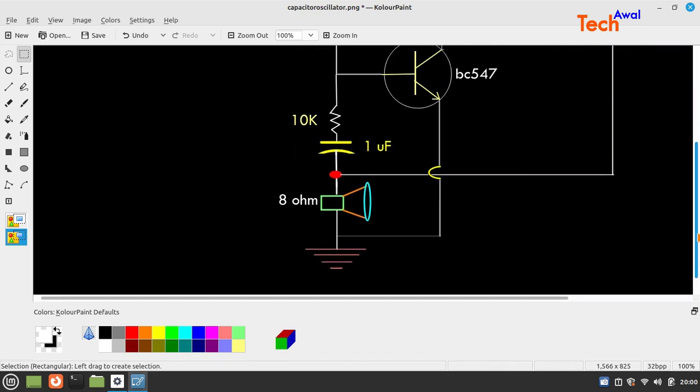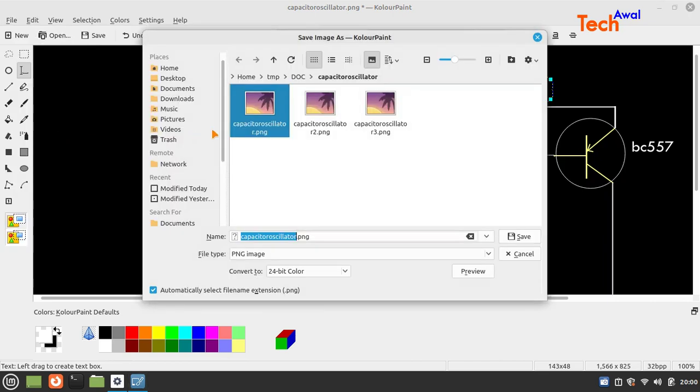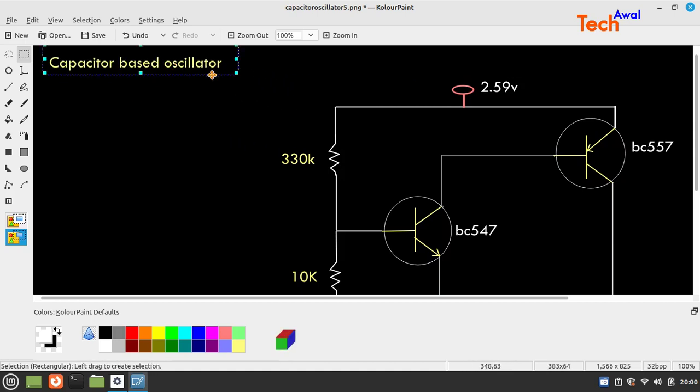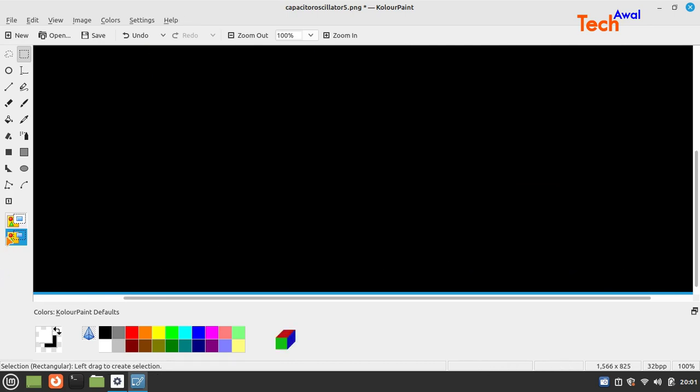And instead of 3 volt, I couldn't arrange it, so I got 2.7 volt, 2.59 volt rather, in actual sense. So this is what we'll see in the lab. Okay, so this is lab.